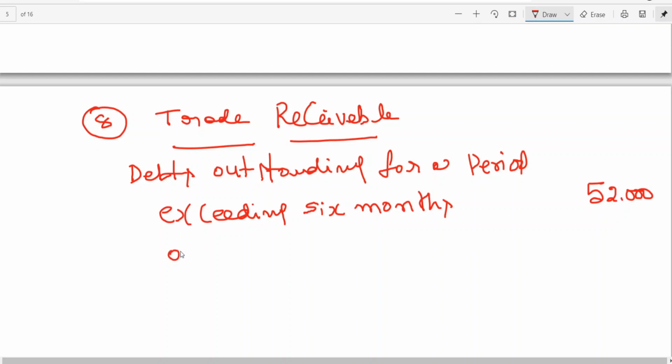Then we can write other debts, 1,48,000.